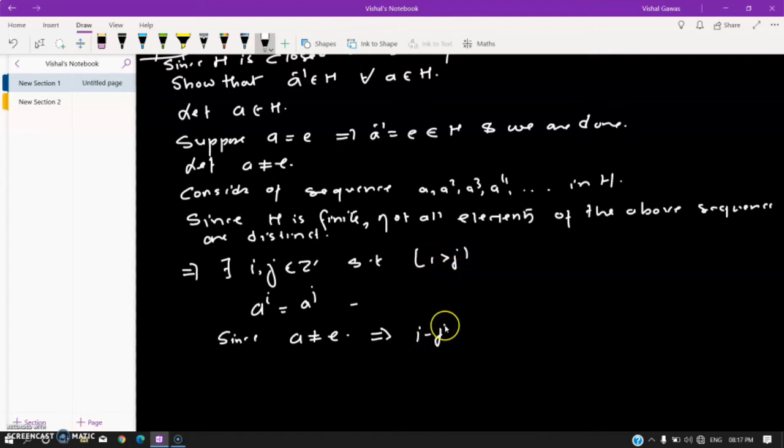Since A is not equal to identity, i minus j cannot be 1, because from here A raised to i minus j would equal identity if I multiply A raised to minus j on both sides. Since A is not identity, i minus j has to be bigger than 1.